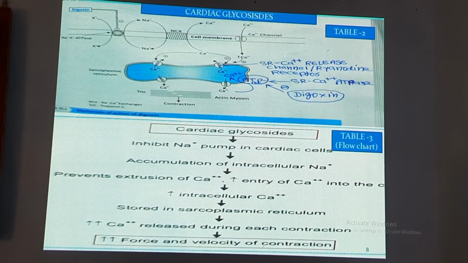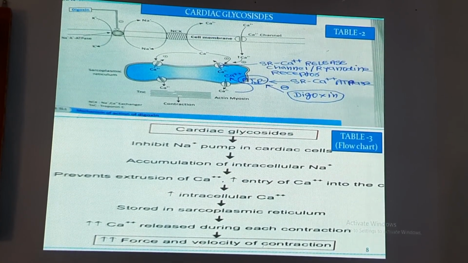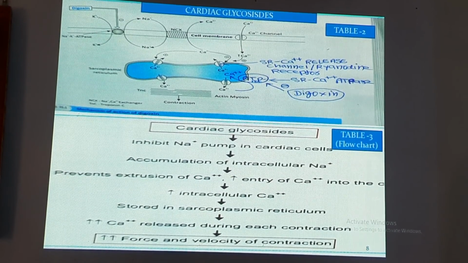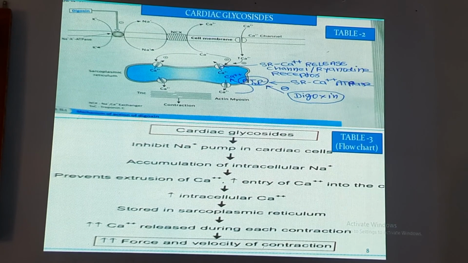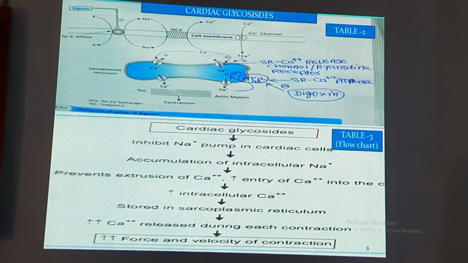So there will be increased intracellular concentration of calcium, and this calcium ion also comes through the L-type calcium channels.